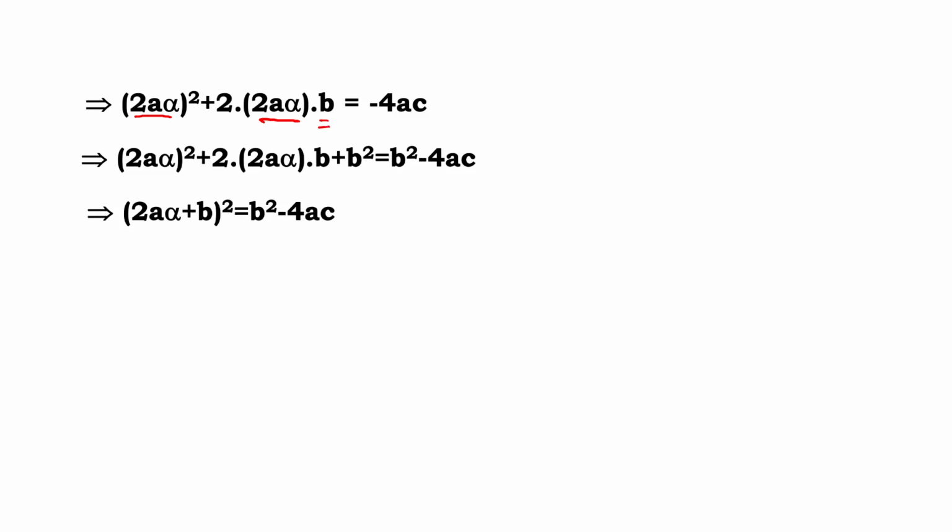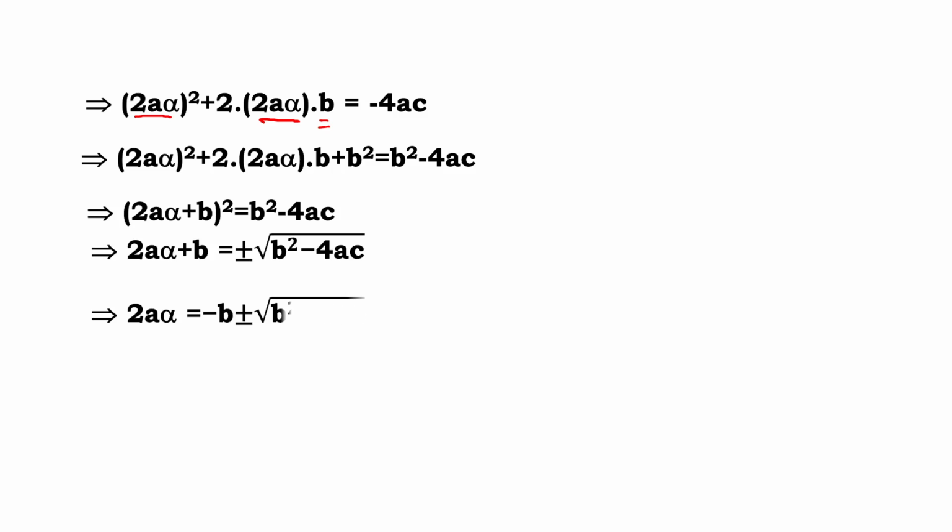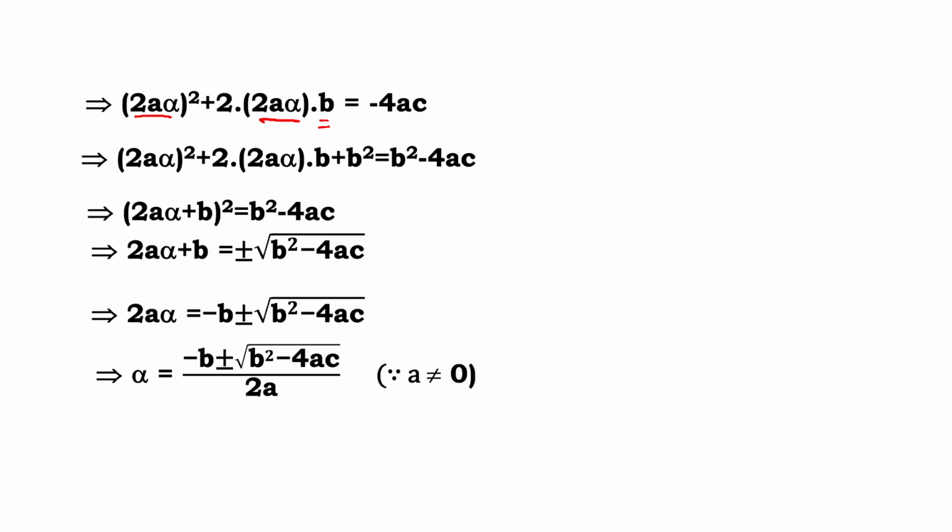So 2a alpha plus b the whole square is equal to b square minus 4ac, and we'll get the value of alpha as minus b plus minus, but the condition is a is not equal to 0, then only we are saying this. Or we can rewrite this as minus b plus minus under root of d by 2a.